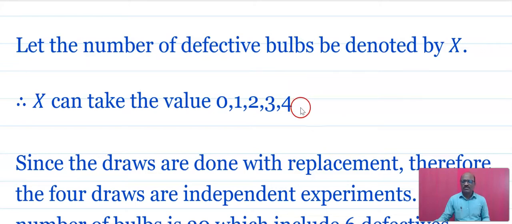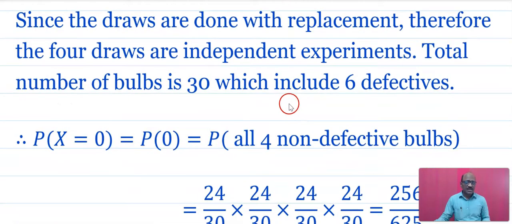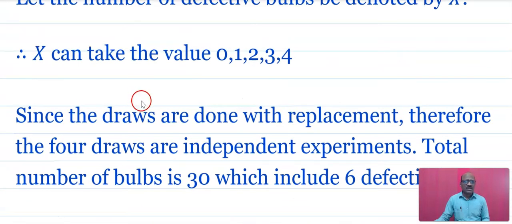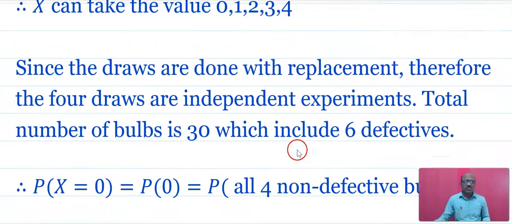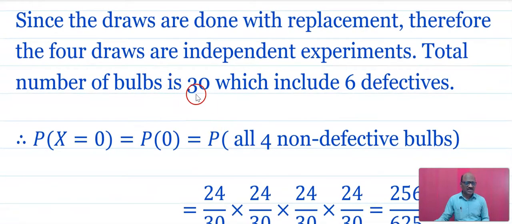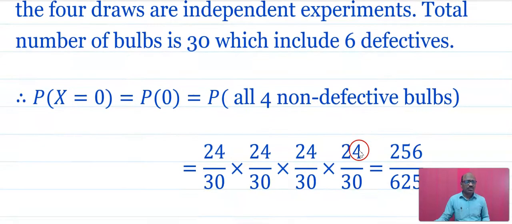Actually there are 6 defective bulbs, but we are drawing only 4. Since the draws are done with replacement, the 4 draws are independent experiments. The total number of bulbs is 30, which includes 6 defective. Now for 0 defective, P(0) is equal to P(all non-defective bulbs).